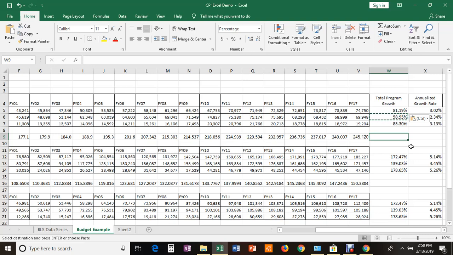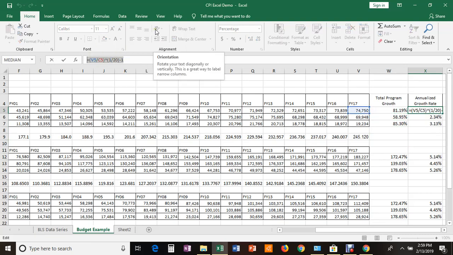Okay, so that's interesting. But what is also interesting, if you have a long budget period, is understanding how much that grows year to year, and that gives you sort of an average annual growth that can actually help you identify outliers, outlier years, for example. So how do I do that? So that's a formula that's right here.